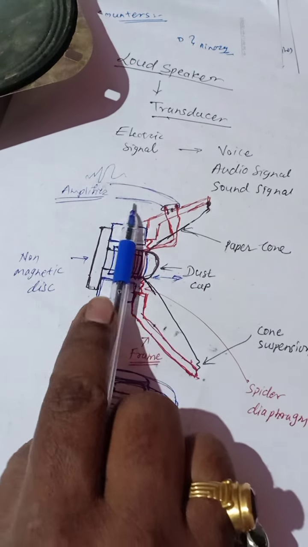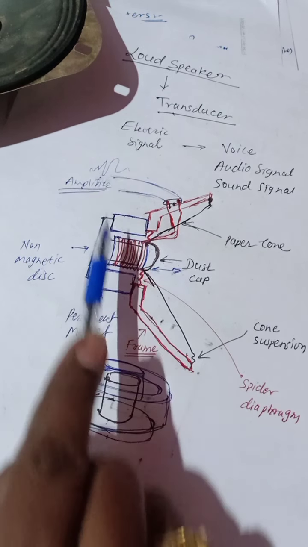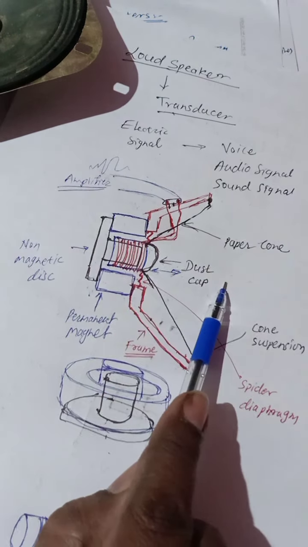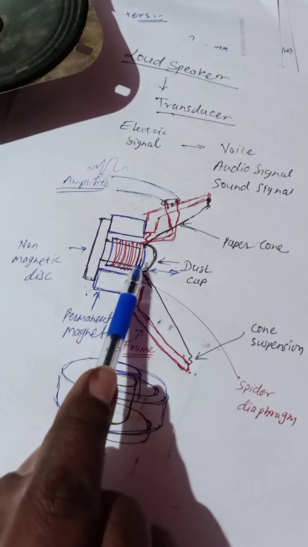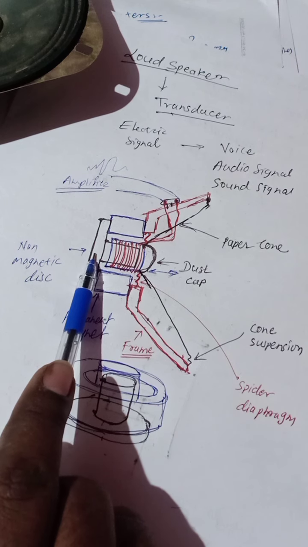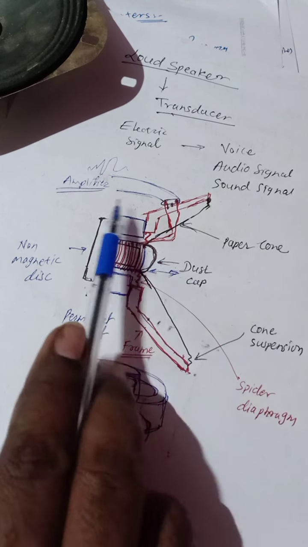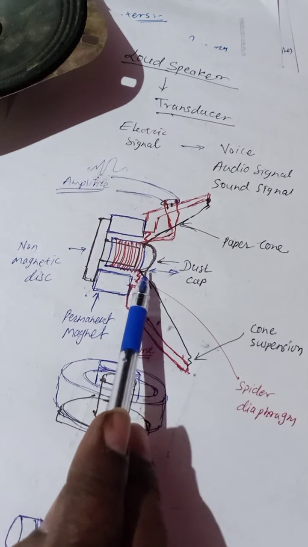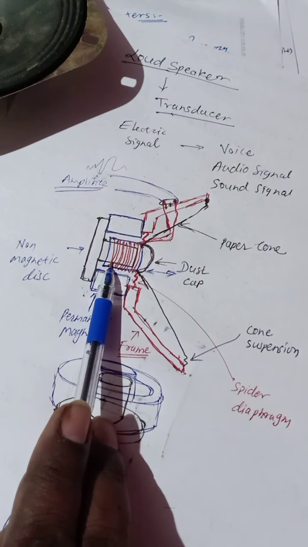As it is at the positive peak, there is a repulsive force and it is thrown out. As there is a negative peak, there is an attractive force, and again this coil is brought back. If there is a zero signal also, it brings the coil back to its original position.